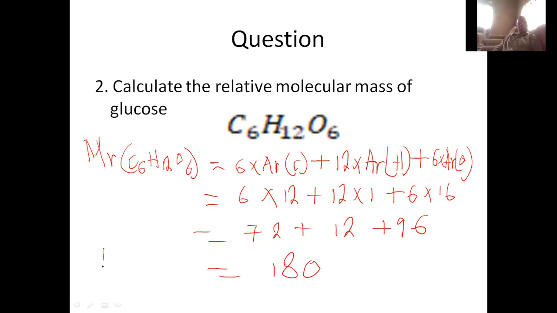And so the relative molecular mass for glucose is 180. And this is the simplest method of calculating the relative molecular mass. And we have noticed that the relative molecular mass has no units.